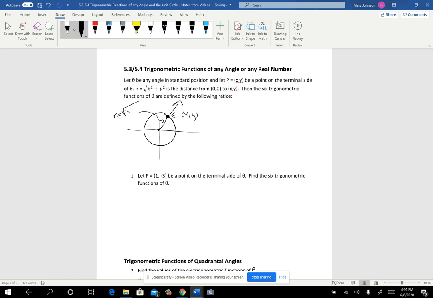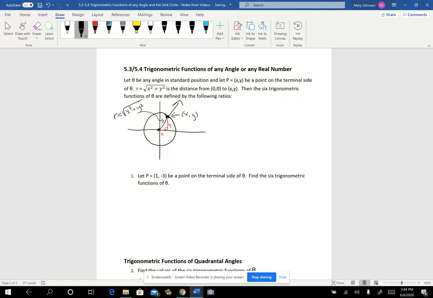We could use the distance formula to prove this right here, or we could see it in a right triangle. Okay. If we dropped the perpendicular like that, you might be able to kind of see why things turn out the way they do by labeling. The horizontal piece would be the x coordinate of that point, and the vertical piece would be the y.